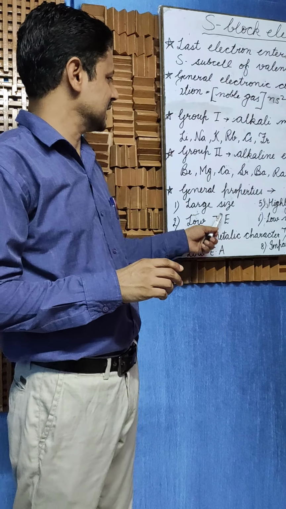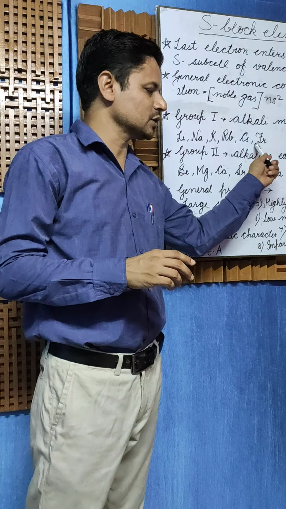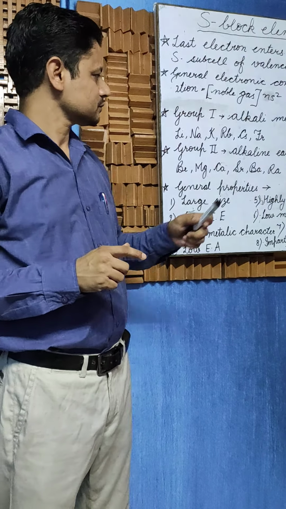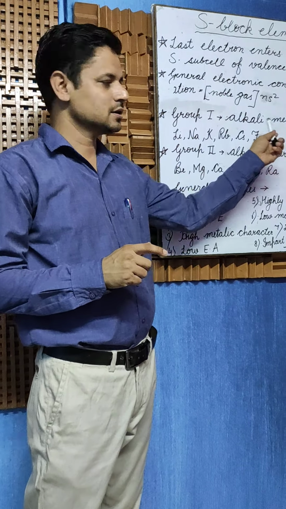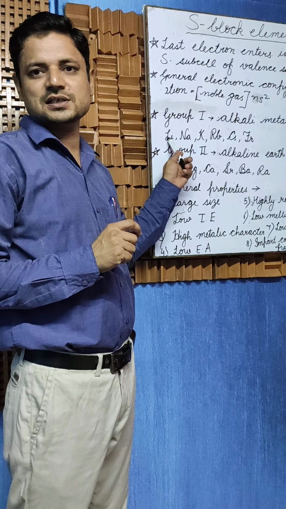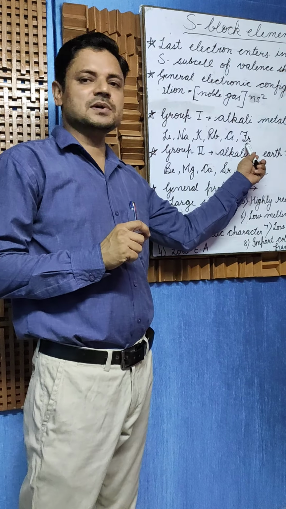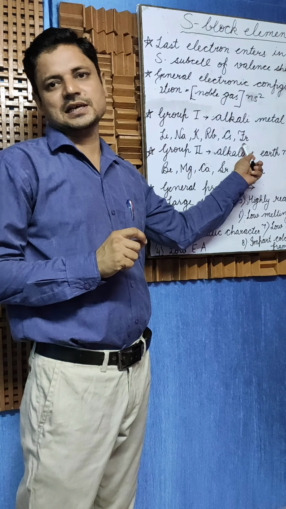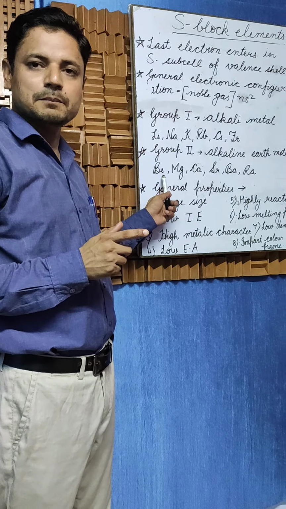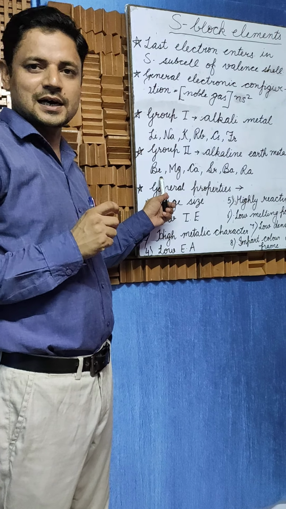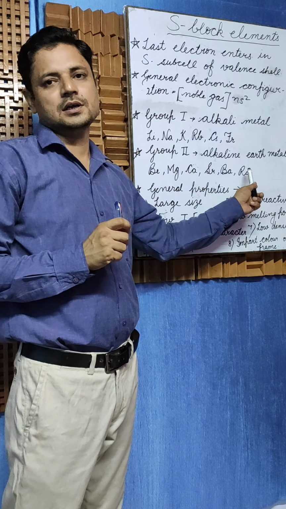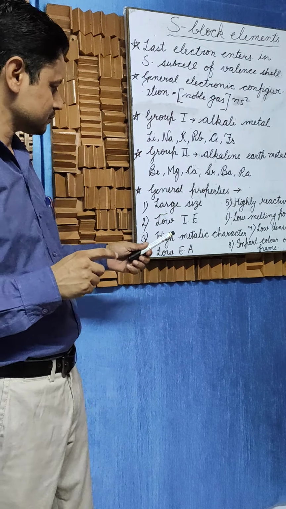Now it is clear that as we move down the group, ionization energy decreases. In the alkali series, lithium has the highest ionization energy, francium has the least ionization energy. In the same way, beryllium has the largest ionization energy and radium has the least ionization energy.